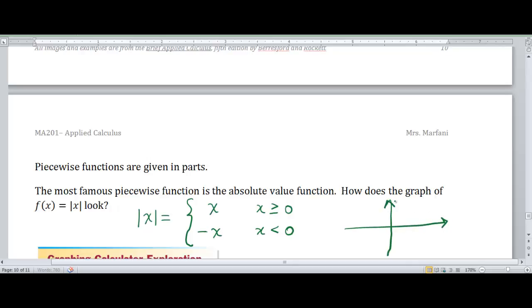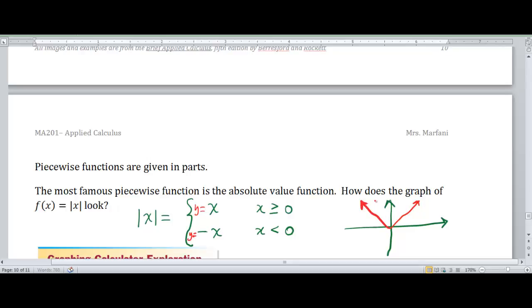Okay, so let's graph that. If x is greater than or equal to 0, the graph looks like y equals x, right? So y equals x looks like this. And if x is negative, then y equals negative x. We know negative x looks like this.